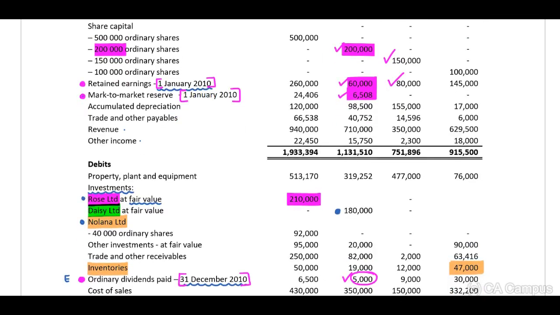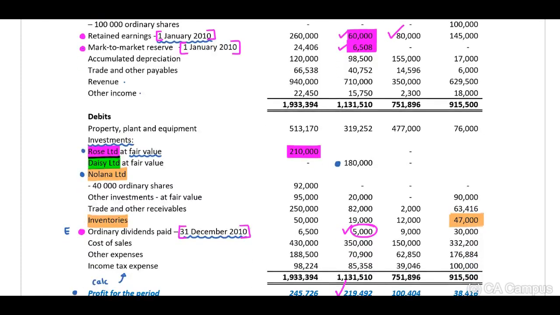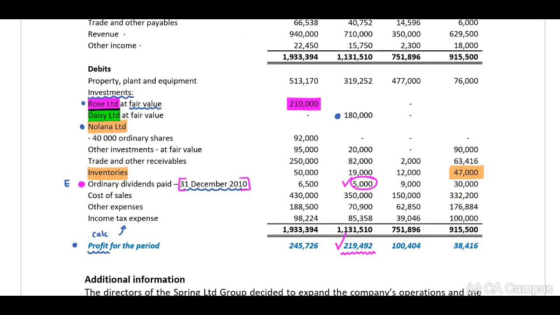Okay, guys, there's no mark-to-market reserve on 1 January 2010. We need to transfer our ordinary dividends paid, the 9,000, as well as the profit for the period, 100,404 Rand. Okay, now let's transfer both of these amounts to our analysis of owner's equity.